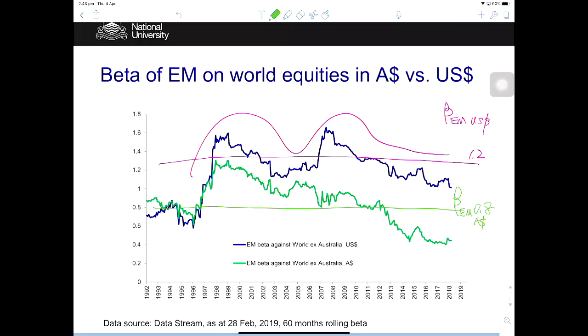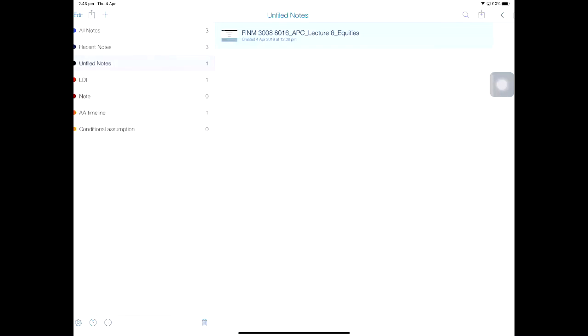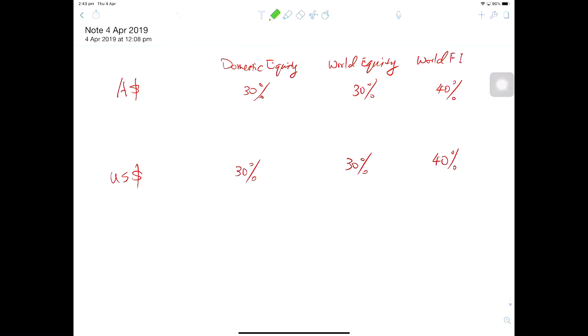What's the implication in the context of asset allocation? So I'm going to hold a diversified portfolio. The first one is an Australian investor, and the second one is a US investor. The first Australian investor, we can consider, holds most of my assets in AUD.